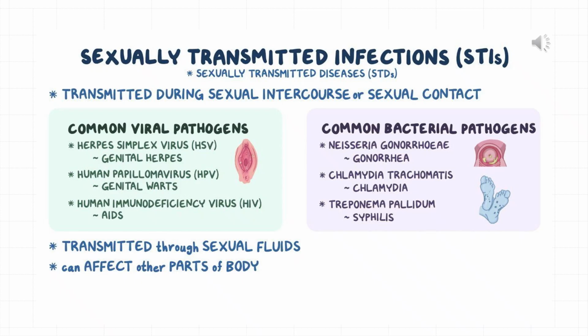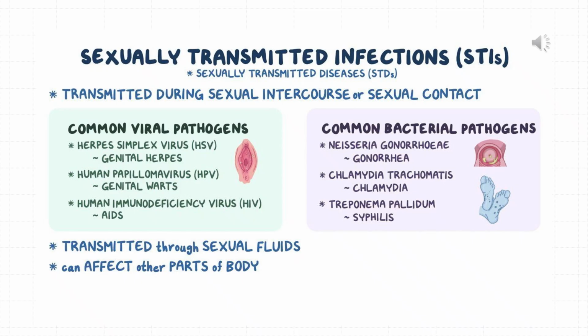For our viral pathogens, these are HSV or herpes simplex virus, HPV or human papillomavirus, and HIV, human immunodeficiency virus. These are viral pathogens, so they are not curable with antibiotics.